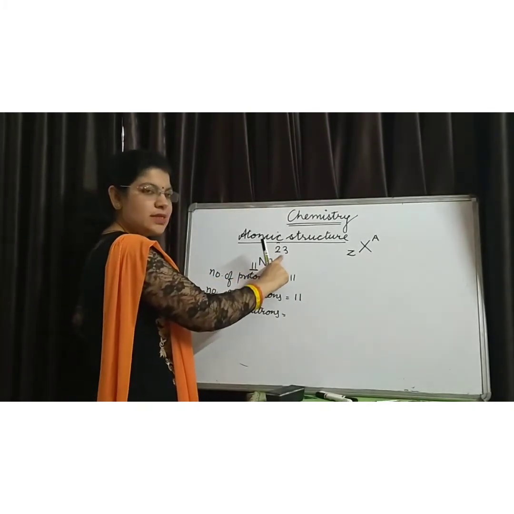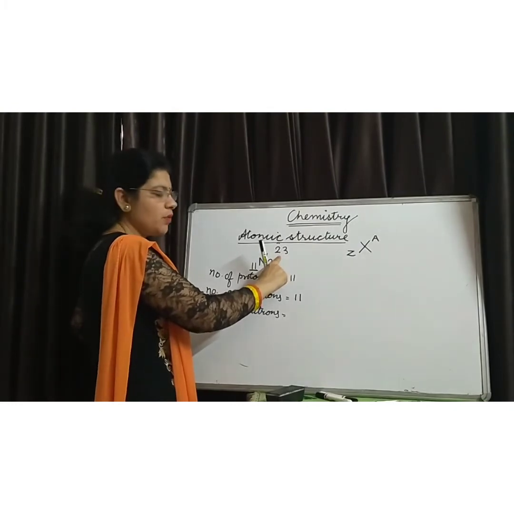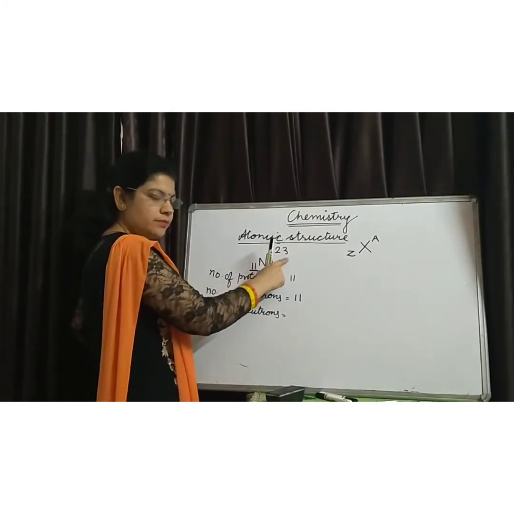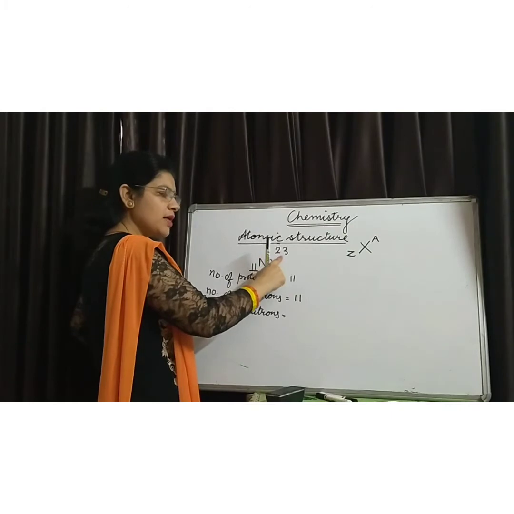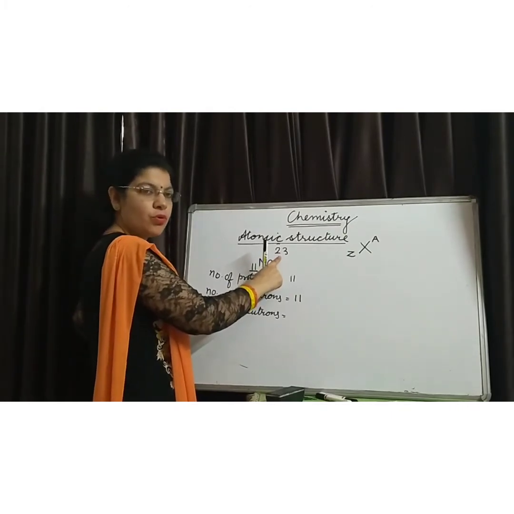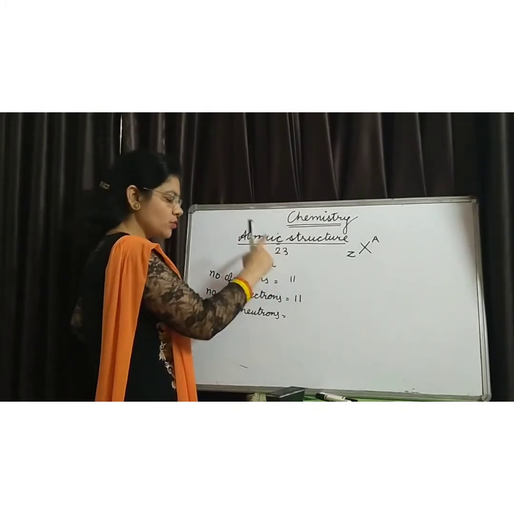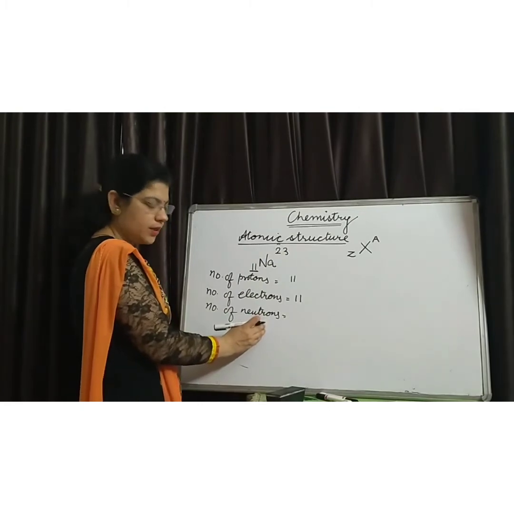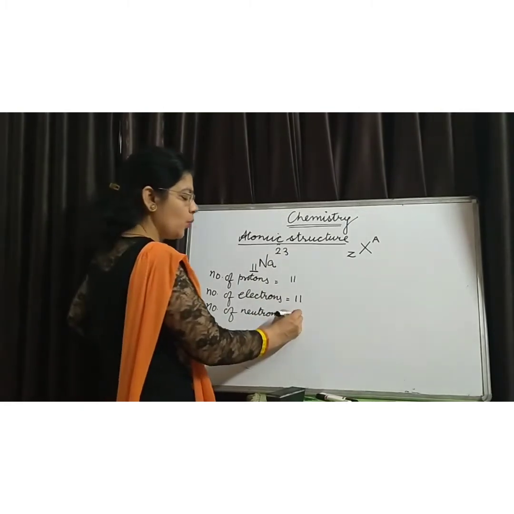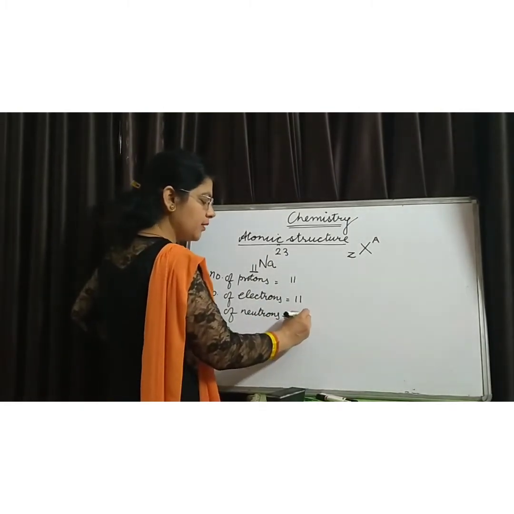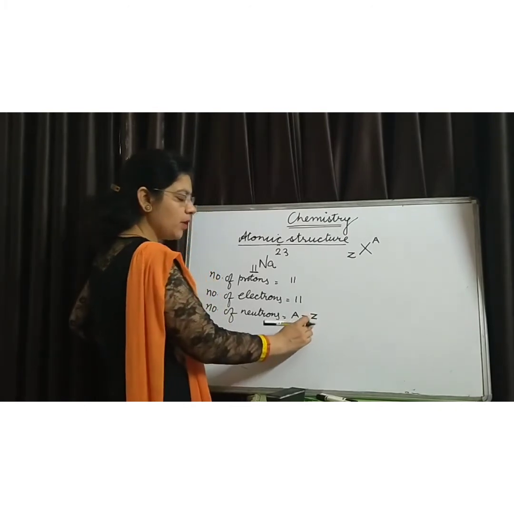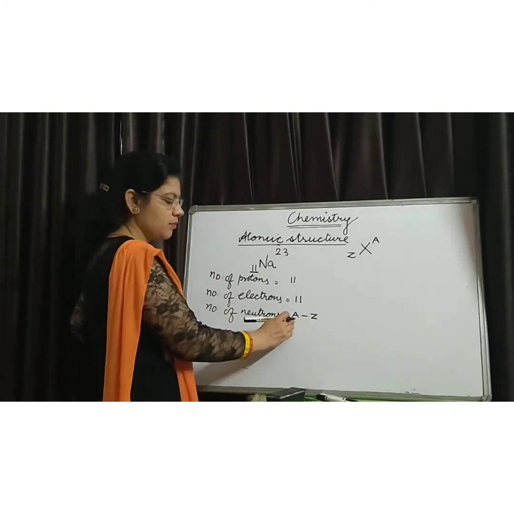And this 23 is the mass number of the sodium, and the mass number is the sum of protons and neutrons. So for calculating the number of neutrons, we subtract the atomic number from its mass number.